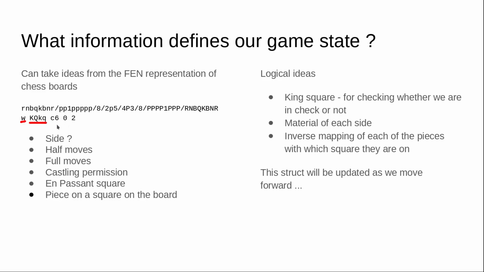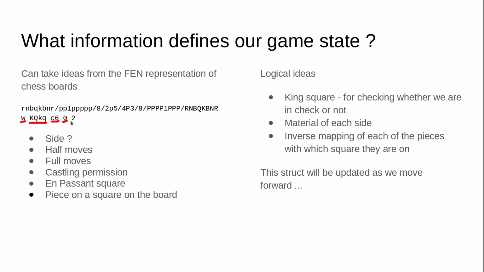Then these things represent your castling permissions. This represents the current active en passant square, so you can make an en passant capture on this square. Then we have your half move clock over here, which essentially represents the number of half moves since the last capture or pawn advance.